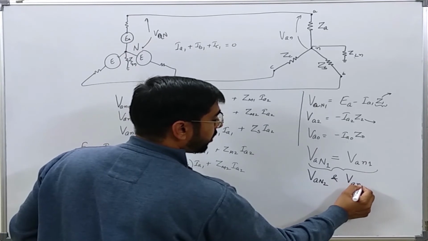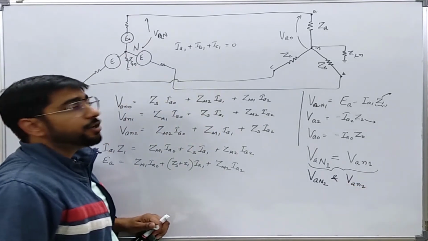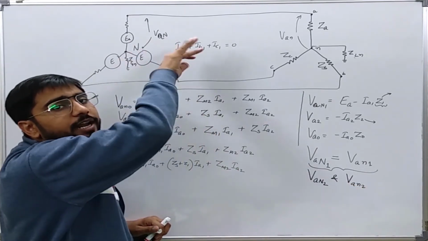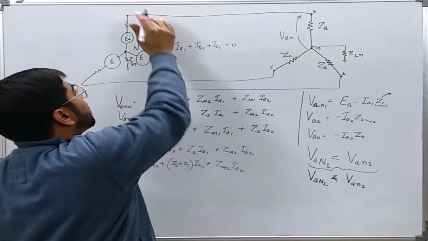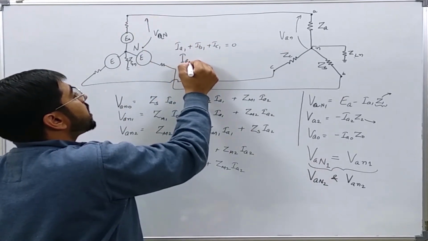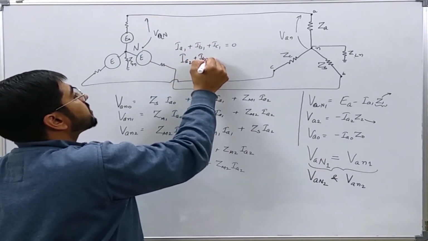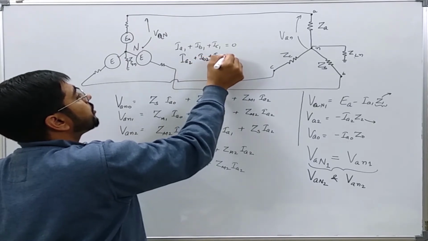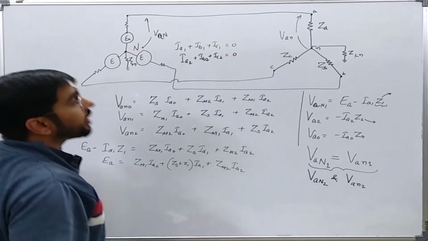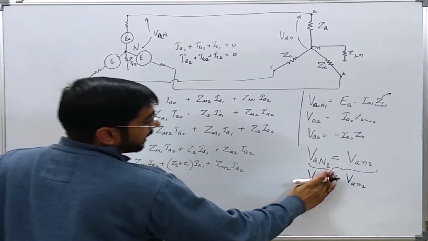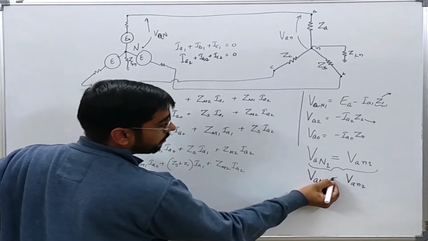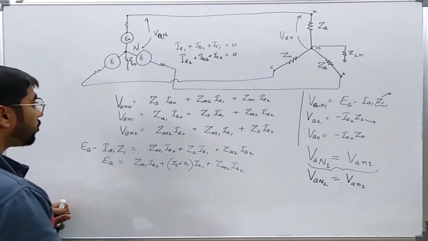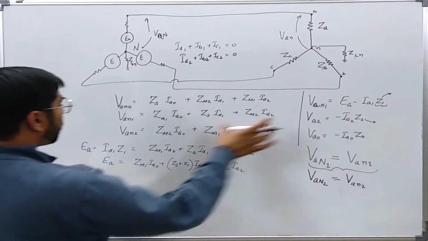Now similarly, let us see the relation between VAN2, the capital N2, and the relation between Va small n2. Now let us imagine only the negative sequence currents are flowing in the network. Then we know that IA2 plus IB2 plus IC2 is equal to 0. So again the similar relation will hold, that is, these are equal to each other. So I will put this value equal to this one.